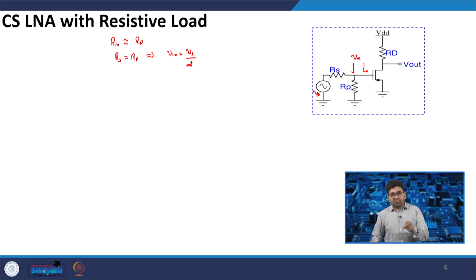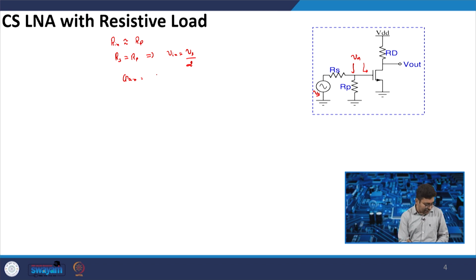So, the first disadvantage of this circuit is, as there is a resistive matching, half of the input voltage is lost at the input side itself, so 50 percent of the gain is reduced here. Now, the gain we can write in terms of Rp and Rs.